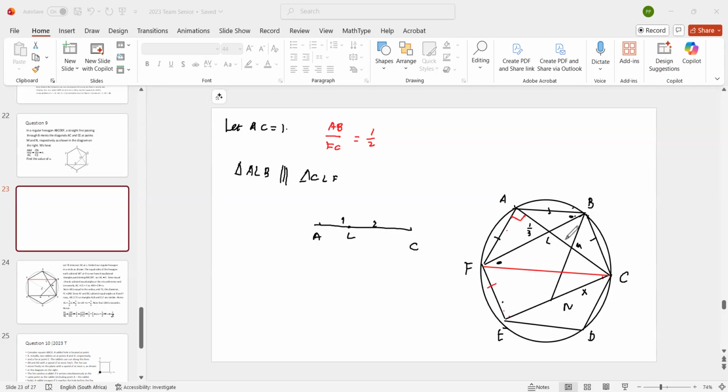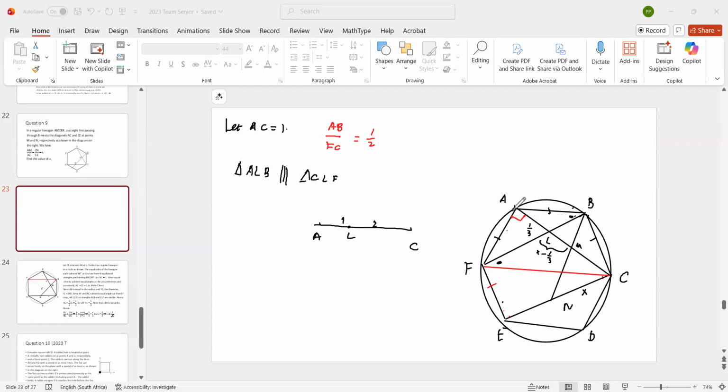Now, remember, AM is X. I told you to remember that. So this part here is 1 minus X. AM is X. So therefore LM is X minus a third.